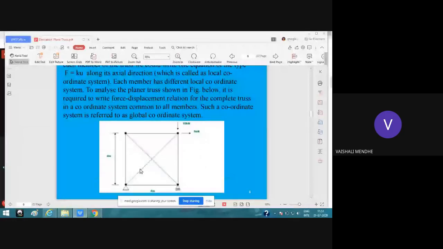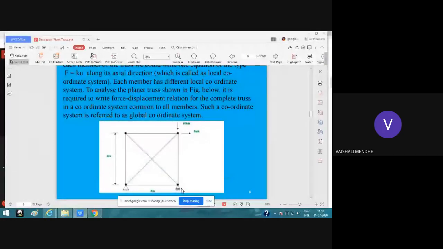To analyze the plane truss shown in the figure, it is required to write the force displacement relation for the complete truss in a coordinate system common to all members. Such a coordinate system is referred to as the global coordinate system.